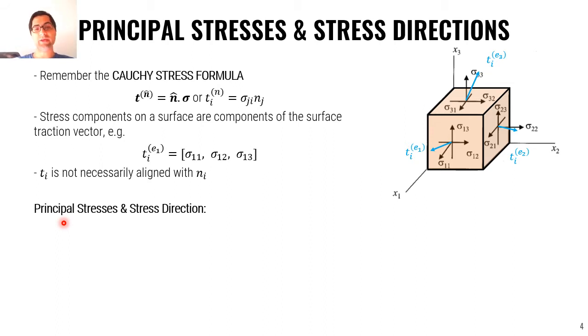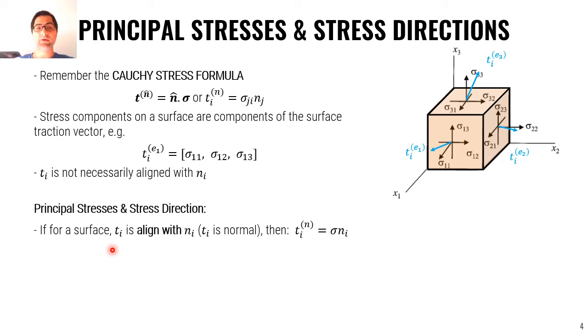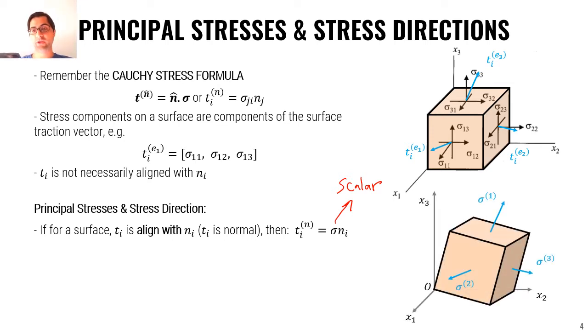In the case of principal stresses and principal stress directions, if for a surface the traction vector is aligned with the normal to the surface, then we can say that traction is equal to sigma, a scalar, multiplied by Ni, the component of the normal vector to the surface. You see it here.